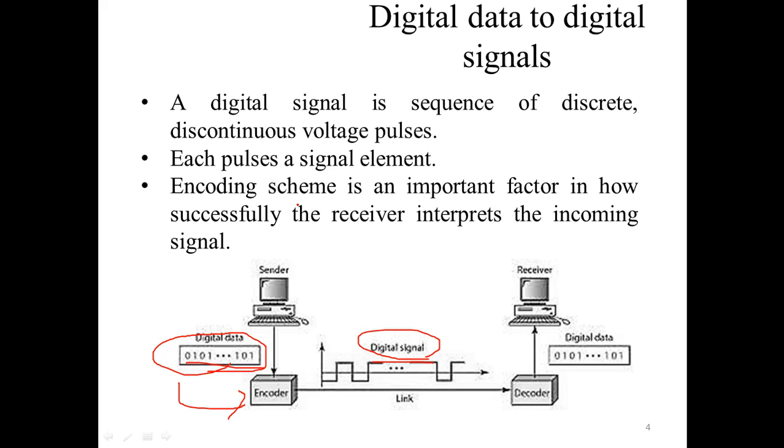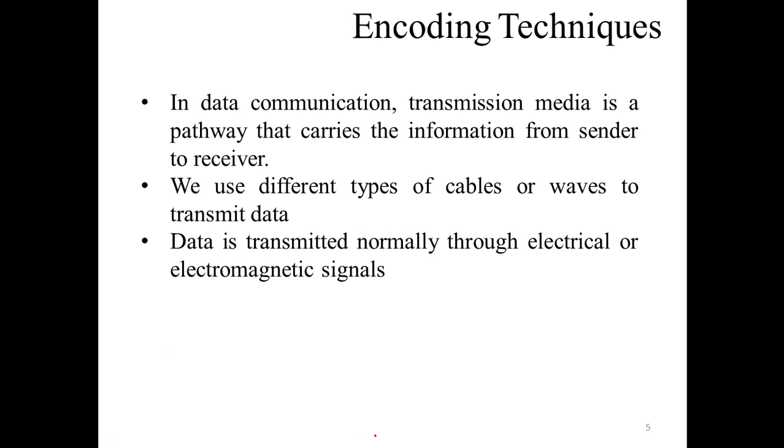An encoding scheme is an important factor in how successfully the receiver interprets the incoming signal. So we will discuss different encoding techniques, and these encoding techniques are basically known as line coding techniques. In data communication, the transmission medium is a pathway that carries the information from the transmitter towards the receiver.